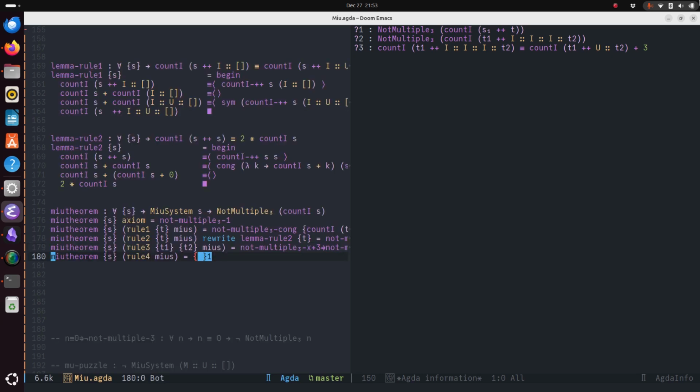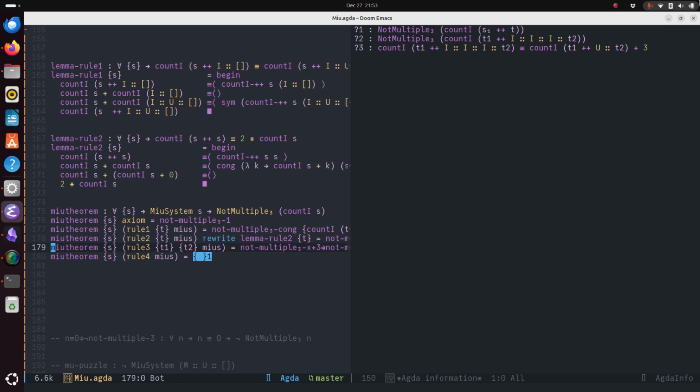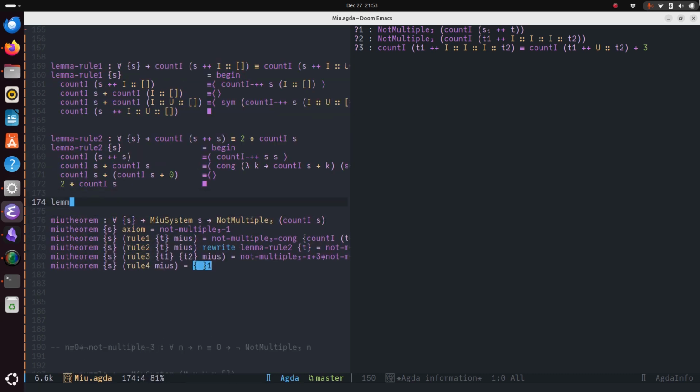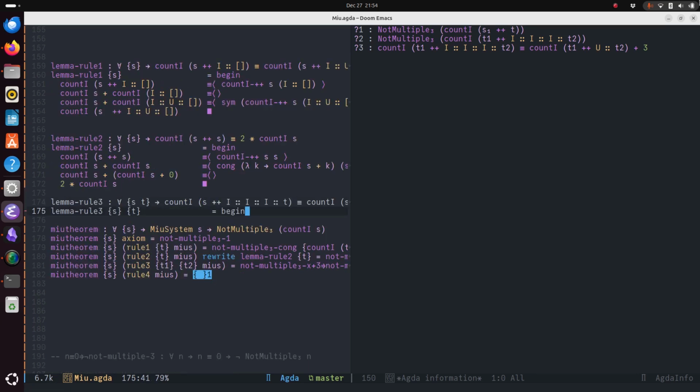Right. Now let us introduce a lemma for rule 3. Looks like Copilot figured it out.